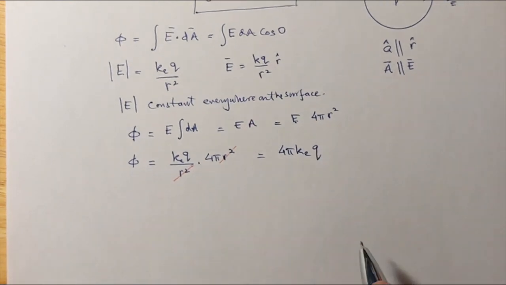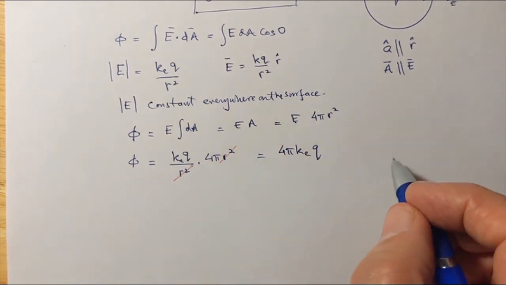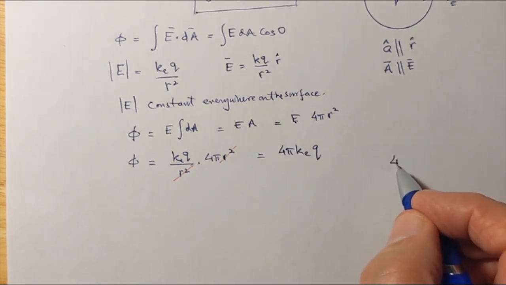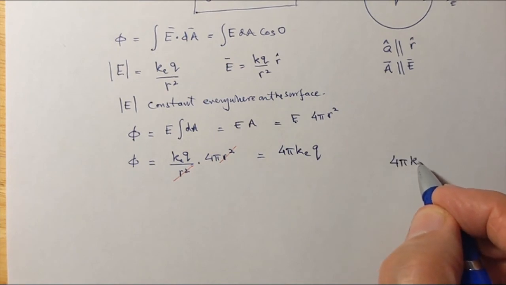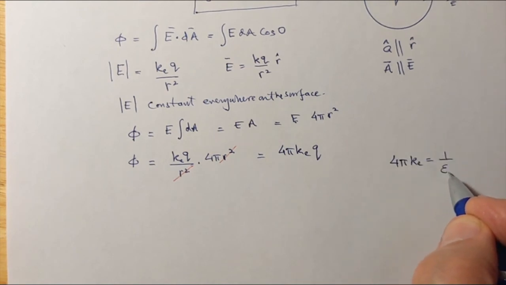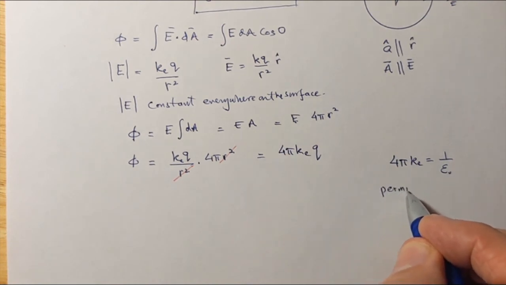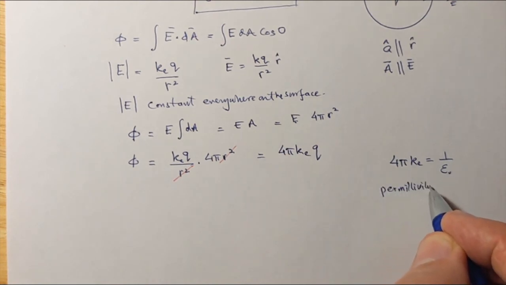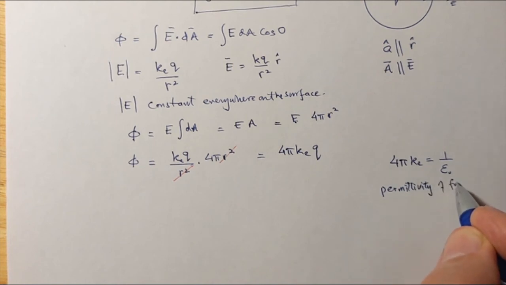Now, that makes it a simple equation, but we know that 4 pi K is written as 1 over epsilon naught, where epsilon naught is the permittivity of free space or a vacuum.